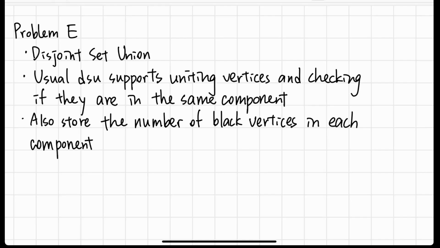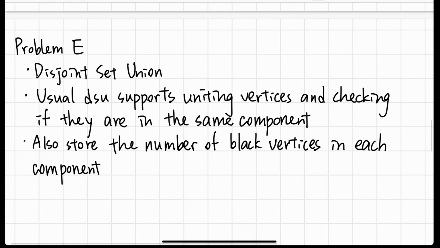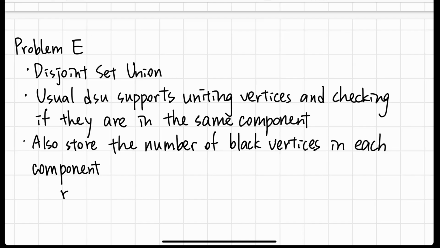For the DSU, when we're uniting the vertices, we also need to keep track of an array to store the number of black vertices in each component. So for the DSU, we keep track of some array, in this case I called my array rank. This would store the number of black vertices in the current component.